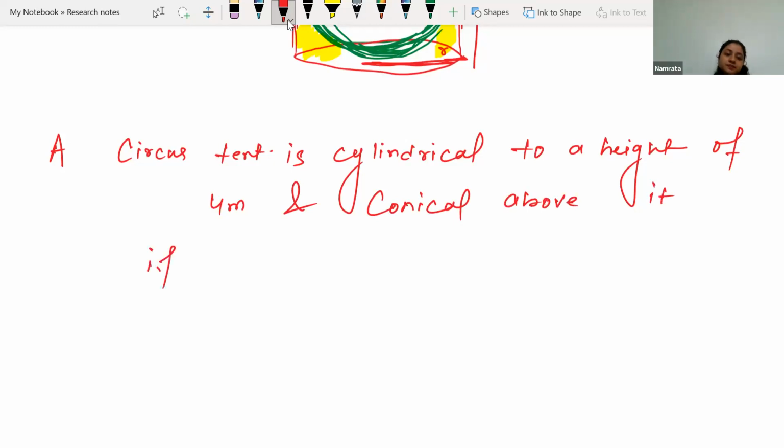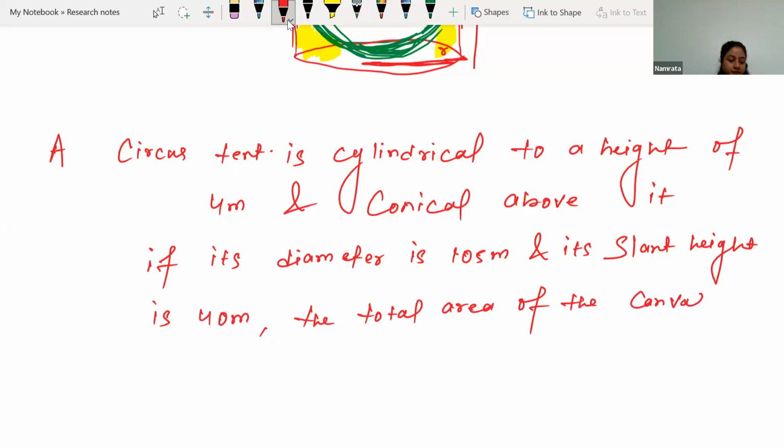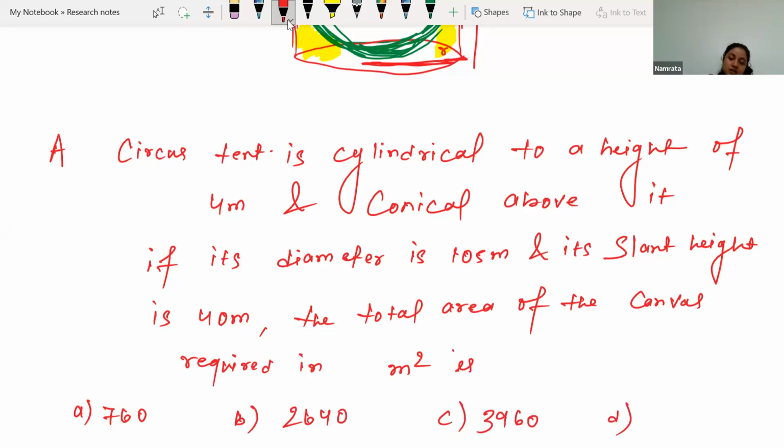If its diameter is 105 meter and its slant height is 40 meter, the total area of the canvas required in meter square is, the options are A 760, B 2640, C 3960, and D 7920.